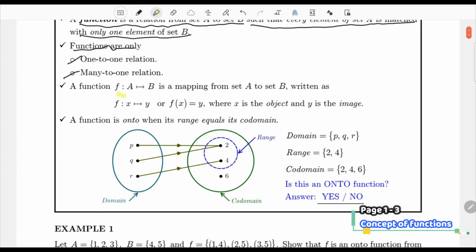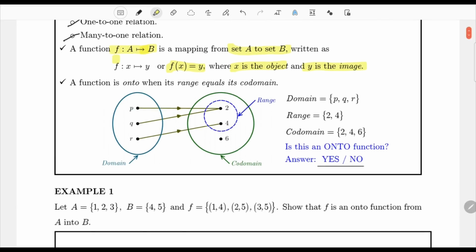So f is a function from A to B, a mapping from set A to set B, written as f of x onto y, so f(x) equals y, where x is the object and y is the image.